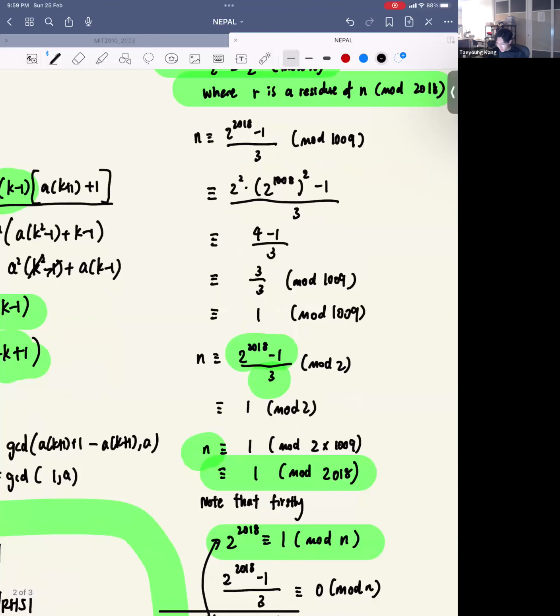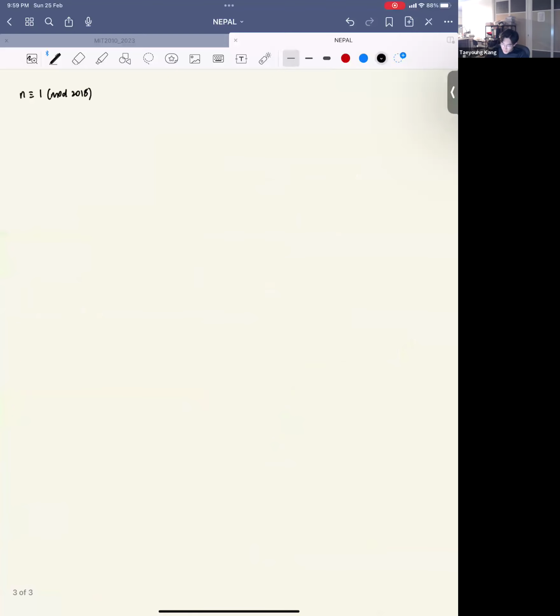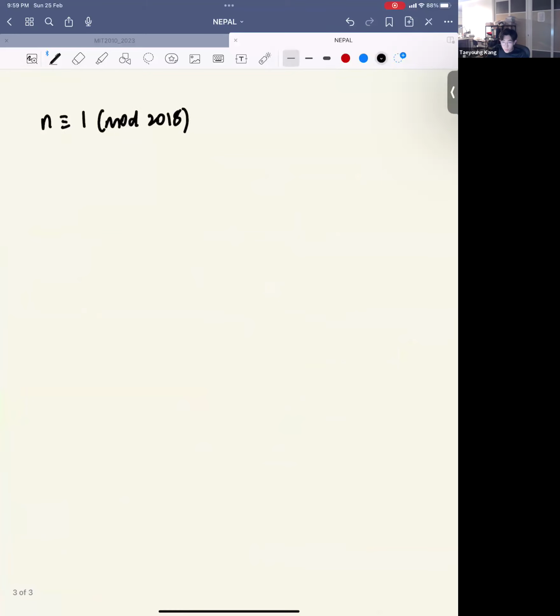So firstly, you guys agree that n is congruent to 1 mod 2018, right? Do you understand the Fermat's little theorem proof, this part and this part, correct? So we've established this fact. This fact is true, obvious by FLT.